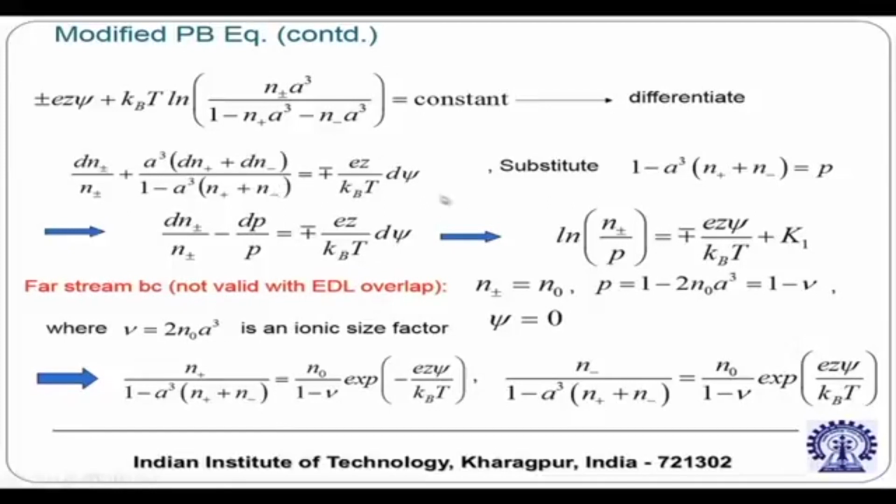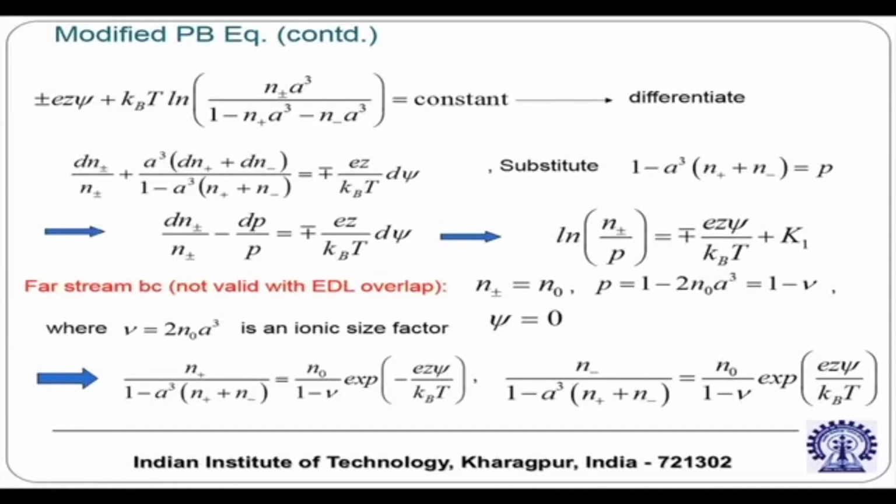Then you can make this substitution, just for algebraic understanding, and you can get this nice differential form. A logarithmic form with a correction factor, where P is equal to 1 minus 2 n0 a cube. So 2 n0 a cube, what is n0?